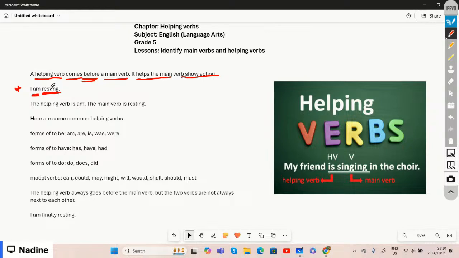And let's look at some common helping verbs. If it forms of to be, then we can say am, are, is, was, or were.